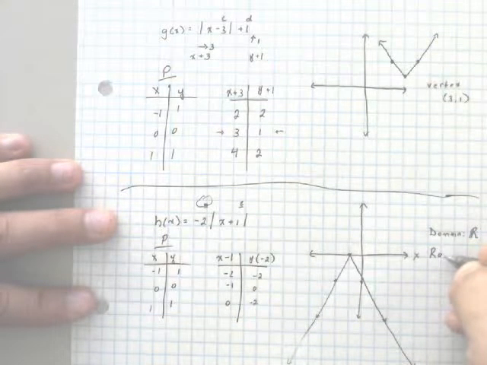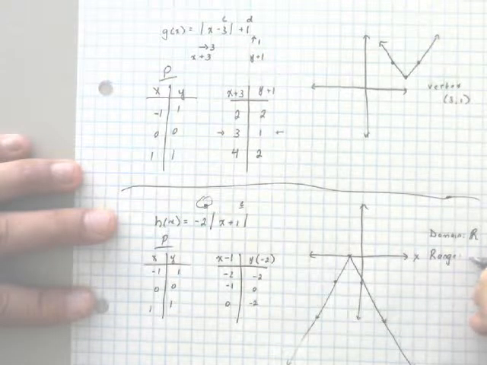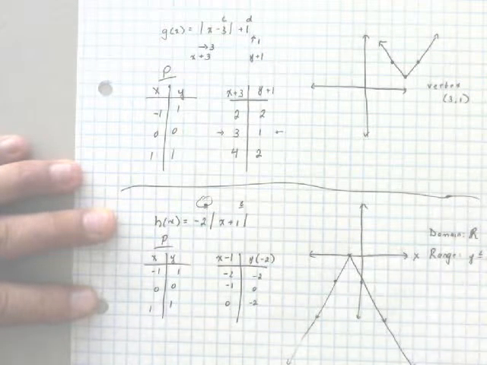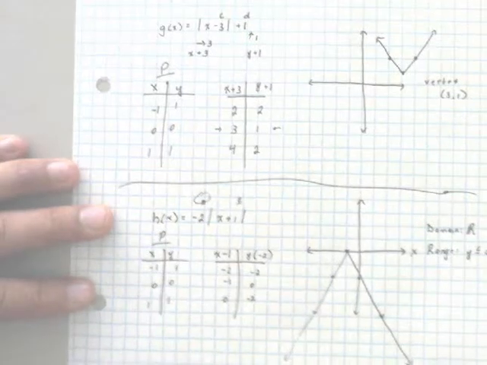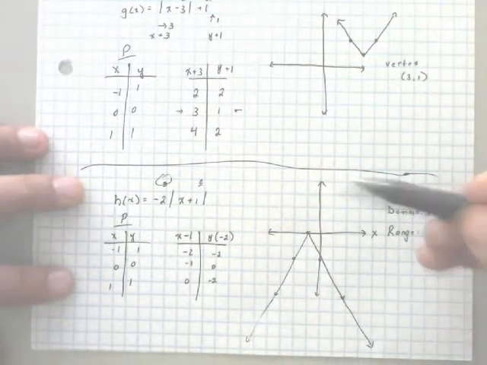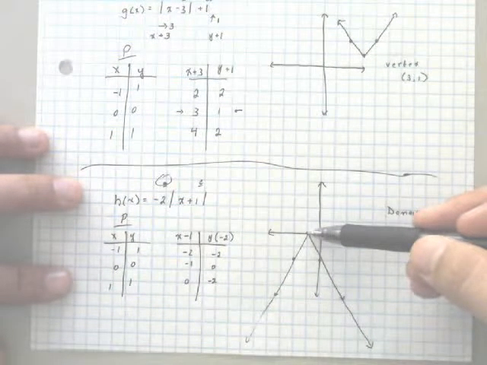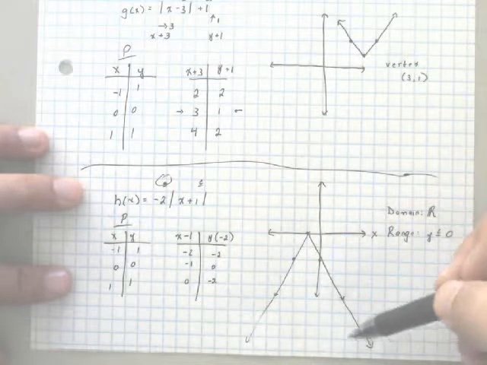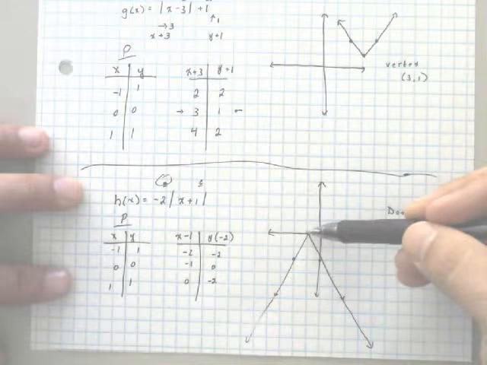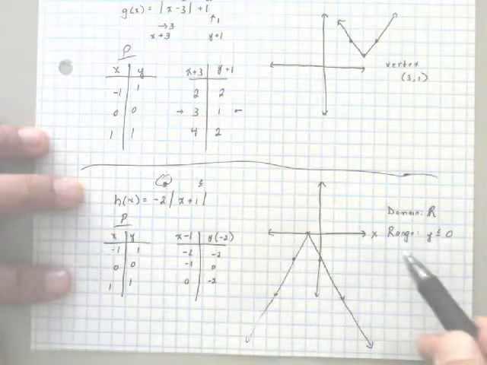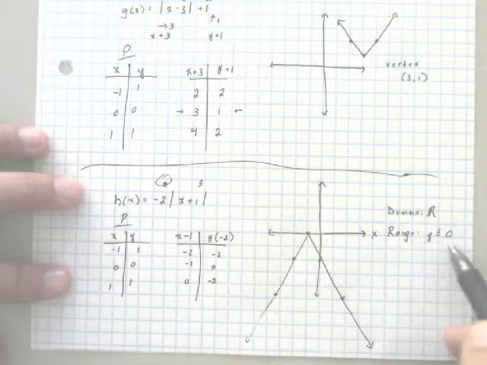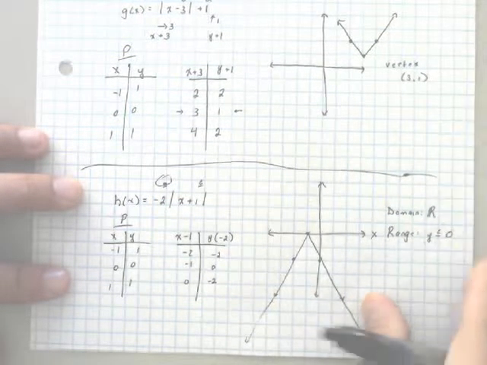The range, on the other hand, is going to be y is less than or equal to 0. The reason is that it starts at 0 and goes everywhere below it. However, it does not go anywhere above 0. So my range is all of the values less than or equal to 0.